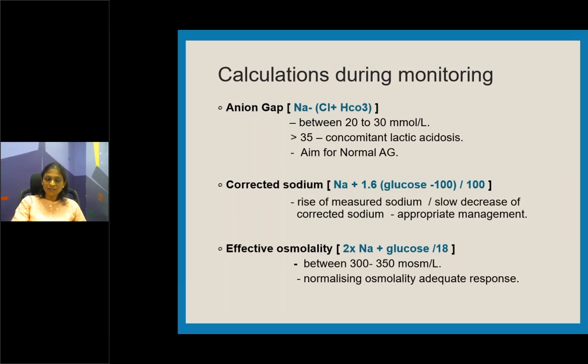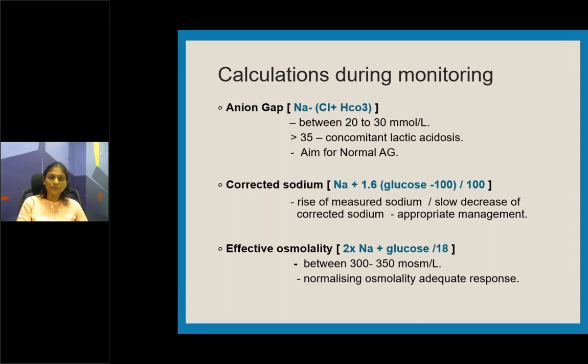Second one, we calculate the corrected sodium. Why corrected sodium? In DKA, there is a dilutional hyponatremia or a pseudohyponatremia. Because of hyperglycemia, it exerts an osmotic effect and draws in a lot of water. The intravascular system has a lot of water and there is a dilutional hyponatremia. And in DKA, because there is excess of lipids, it can cause a pseudohyponatremia.